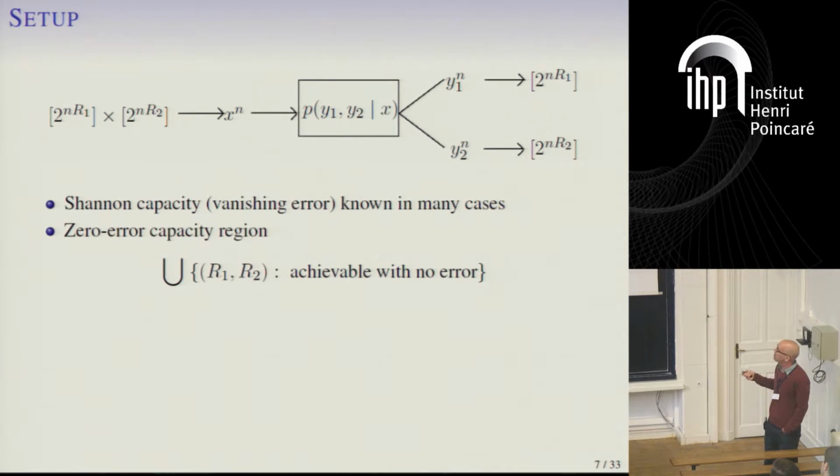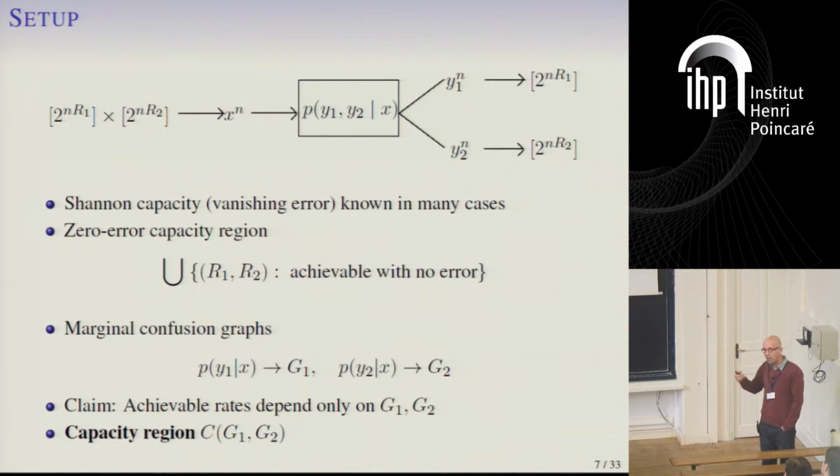Now, the Shannon capacity, namely the vanishing error capacity of this channel, is known in many cases, not for all cases, but in many cases. But we're interested in the zero-error capacity region. Namely, we're interested in characterizing all the rates R1 and R2 that are achievable under the constraint that both receivers decode their messages without any error.